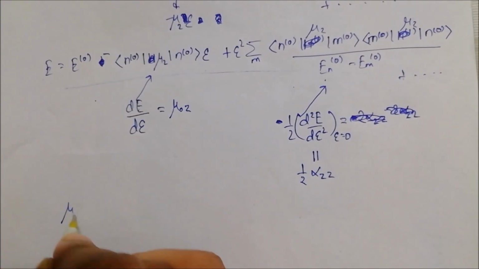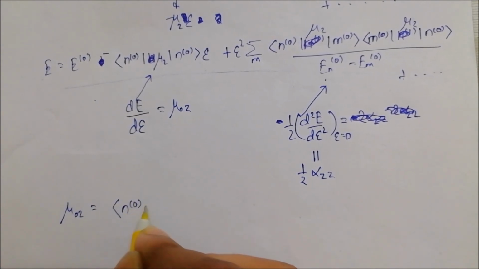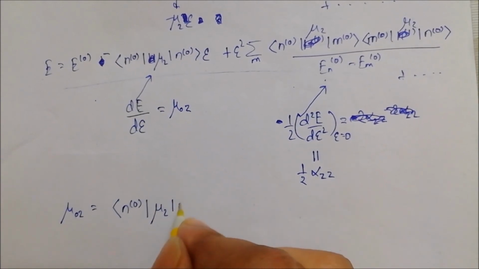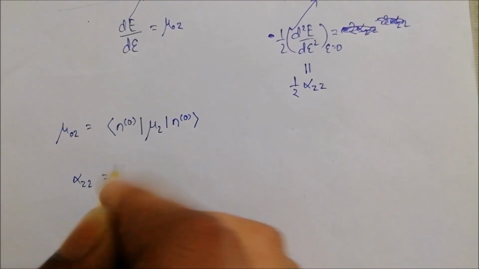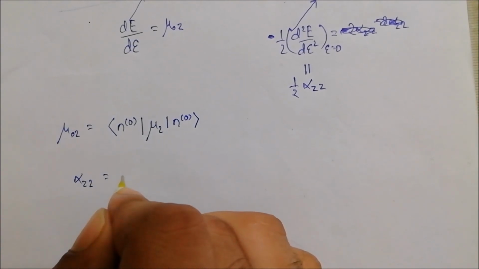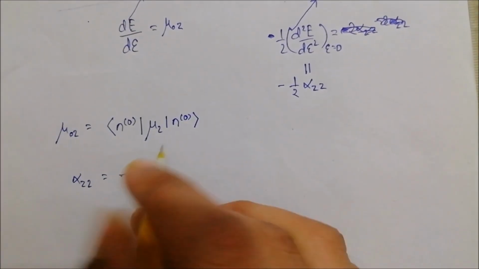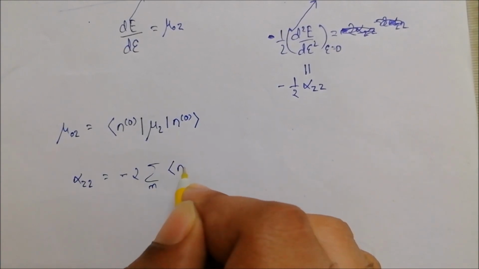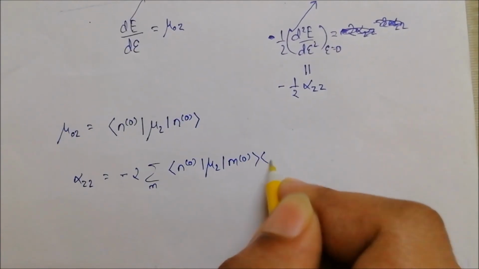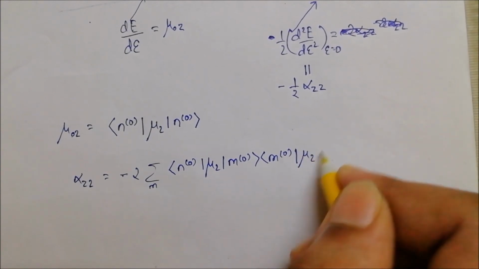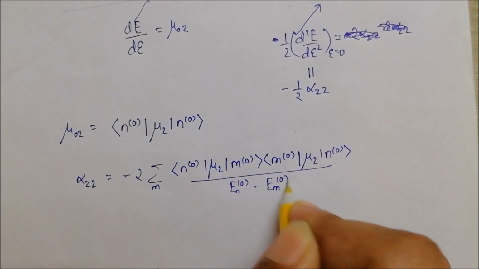So what we see is that mu 0 z, like the dipole moment in the absence of an electric field, is just the first order correction, just the expectation value of the dipole moment, and alpha zz is minus of minus 2 times the summation over m of n0 mu z m0 times m0 mu z n0 divided by En0 minus Em0.